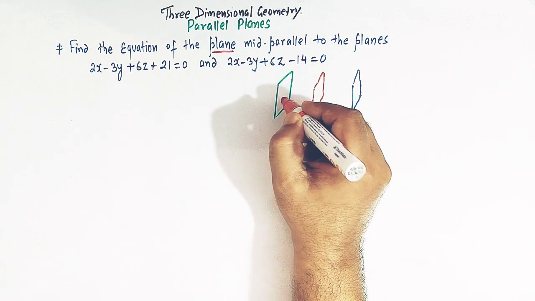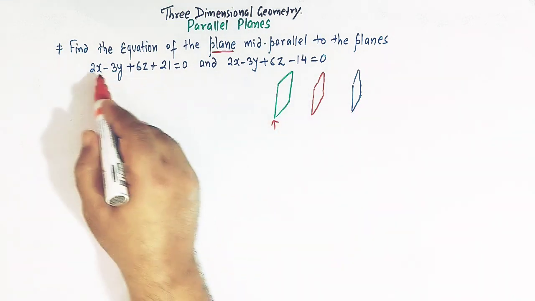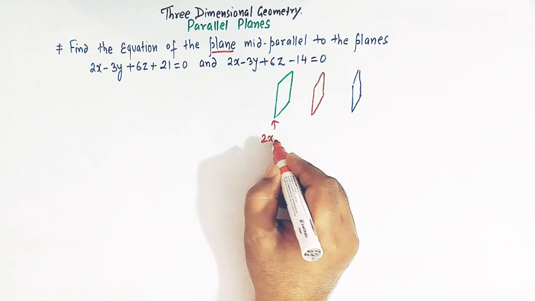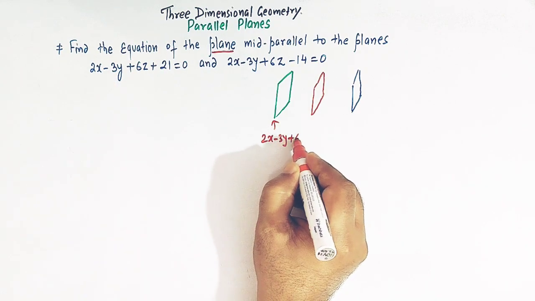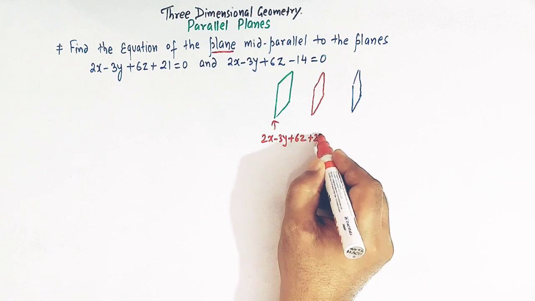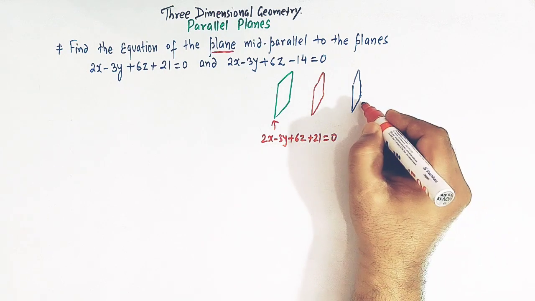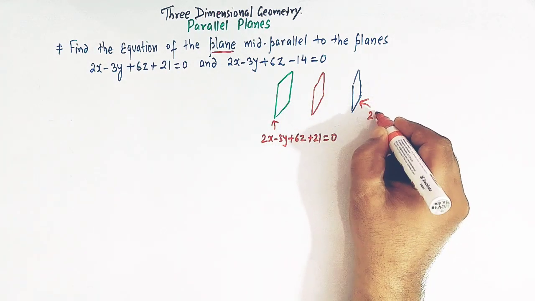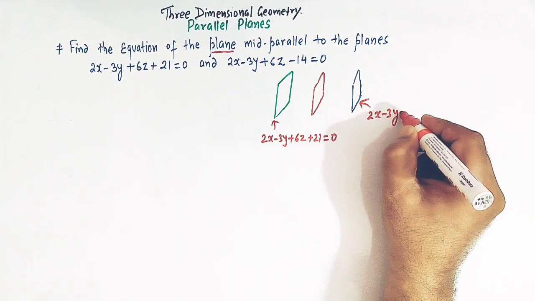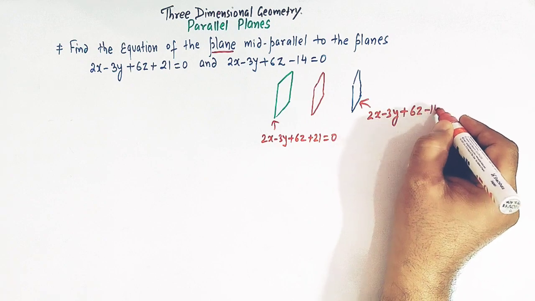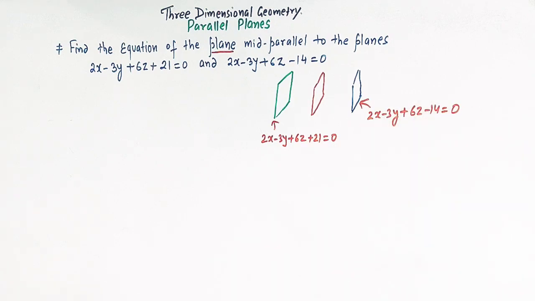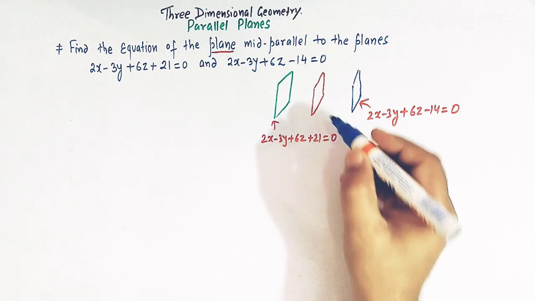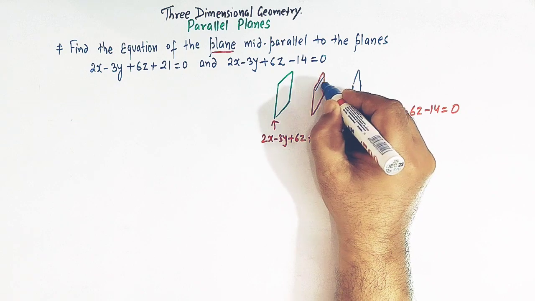So this plane has the equation 2x minus 3y plus 6z plus 21 is equal to 0, and this plane has this equation, that is 2x minus 3y plus 6z minus 14 is equal to 0, right? And here our aim is to find out the equation of this plane, right?